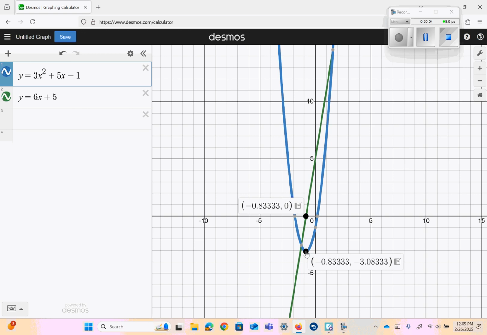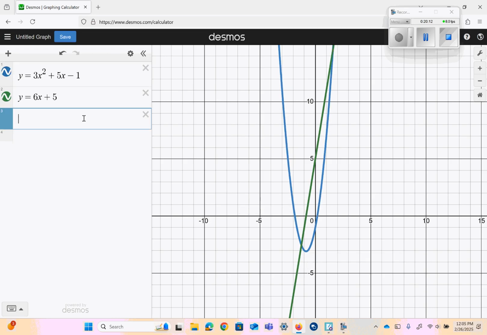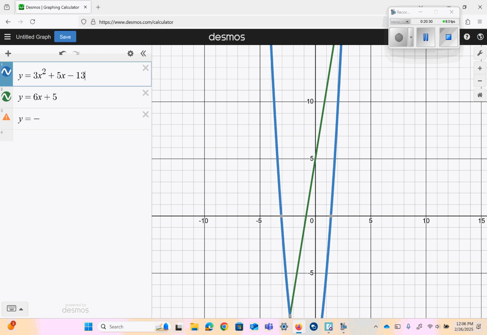In this case, it's going to be y equals negative 3.08.